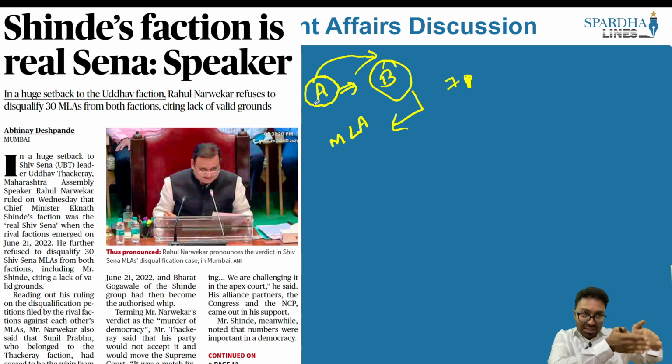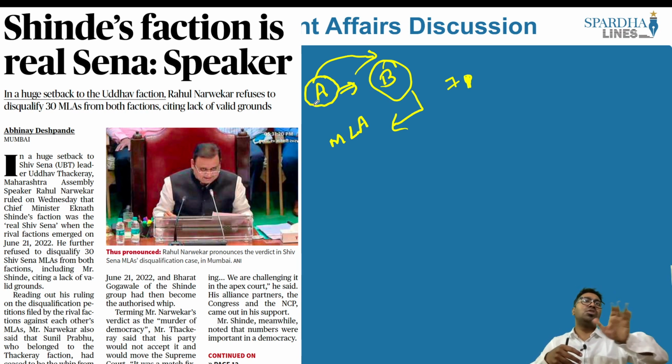Is it the one led by Uddhav Thackeray ji, or the one led by Eknath Shinde ji? The Supreme Court redirects the speaker that, dear speaker, it is you who has to decide on this and conclude which happens to be the right Shiv Sena.